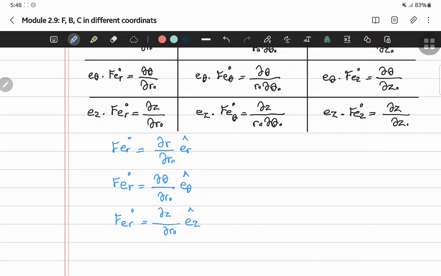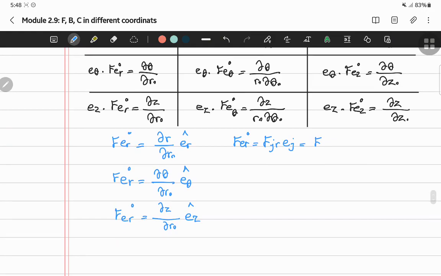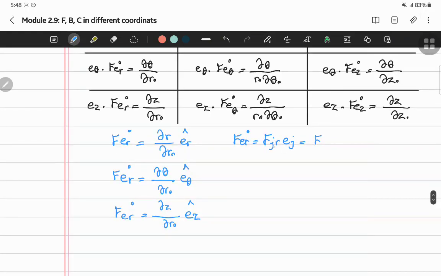All right, so now we have this, and we know that F e_R0 is basically F_jR e_j, if you remember. So it is basically F_rR e_r plus, let's say, F_thetaR e_theta plus F_zR e_z, where j is r, theta, and z.